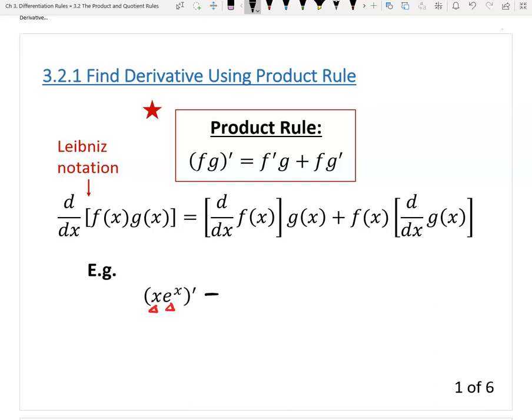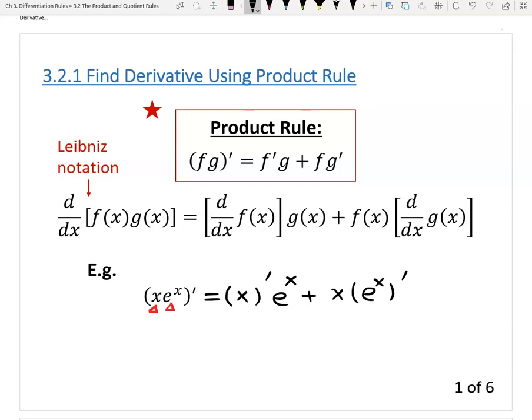The formula gives us this: the first function take a derivative, which is x take a derivative, times the second function, and then plus the first function times the second function take a derivative. See, I keep the same order: x, e^x, x, e^x.